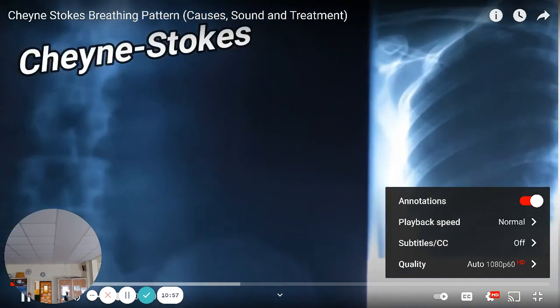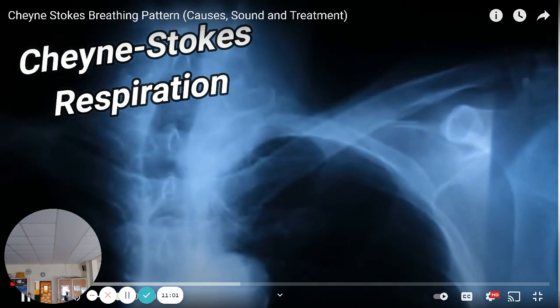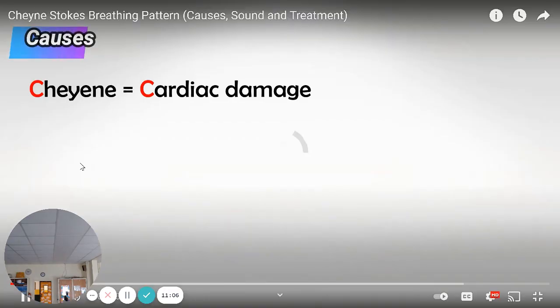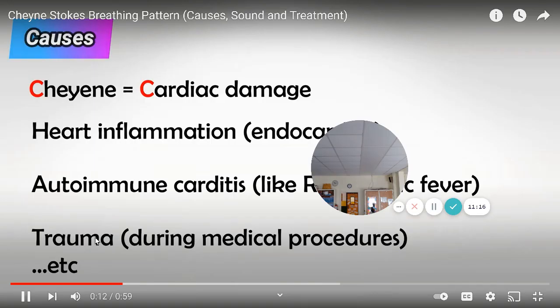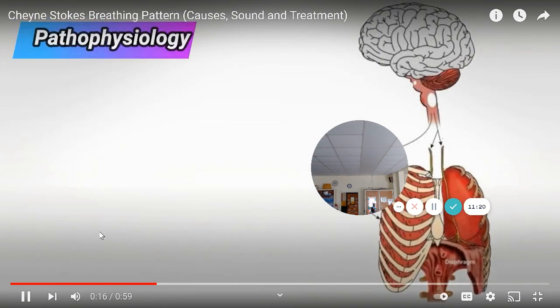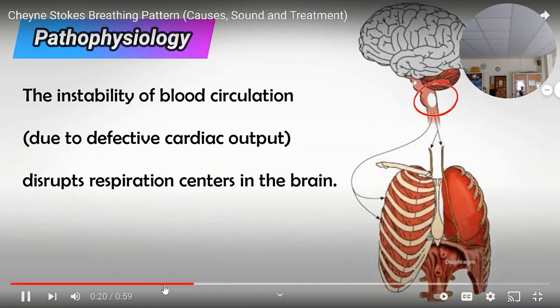Good morning, everyone, and welcome back. Today we'll be talking about Cheyne-Stokes breathing pattern. It can be caused by anything that causes cardiac damage, mainly endocarditis and rheumatic fever. When there is cardiac damage, the blood flow is disturbed. This causes irregularities in the carbon dioxide.